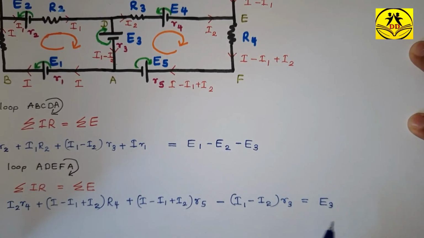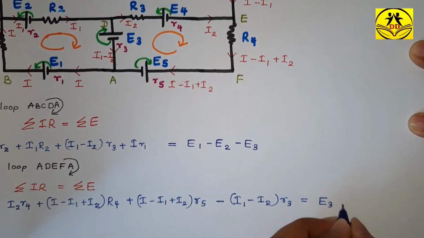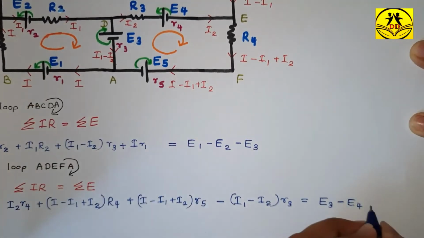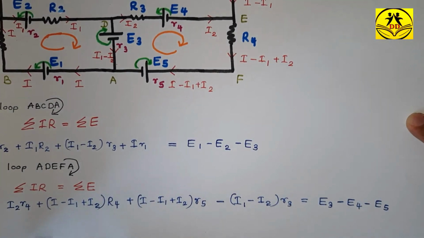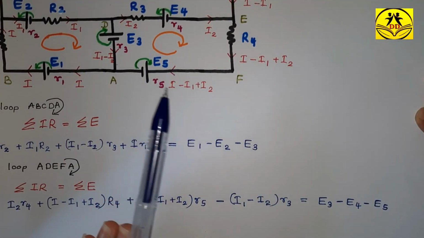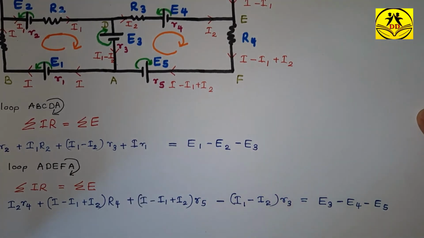So here E3 is positive, E4 is negative, and E5 is negative. So this is how you write Kirchhoff's law to that loop, A, D, E, F, A loop. So I think now it's clear for you how to apply Kirchhoff's laws to a circuit.